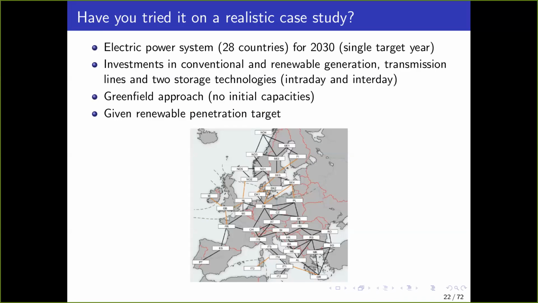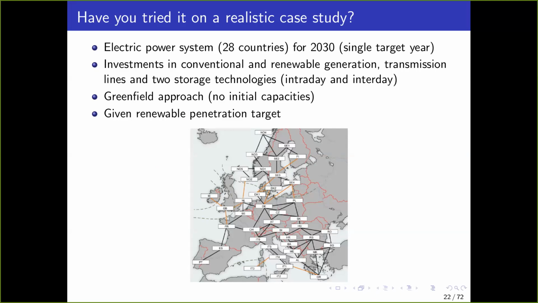So we tried this in a kind of realistic electricity network based on the European system, where we had 28 countries. We were looking at the year 2030. We could do investment in conventional generation, renewable, transmission, and then two storage technologies.